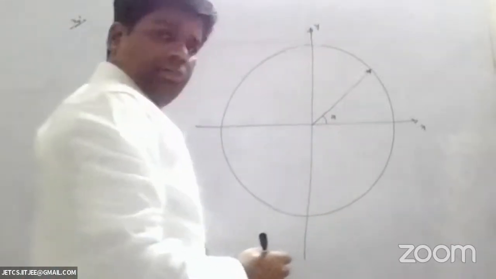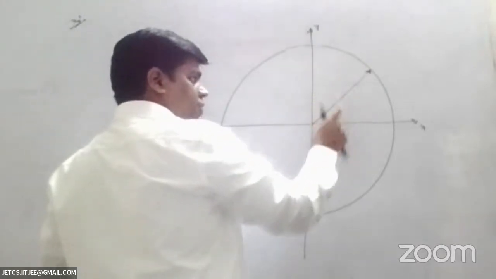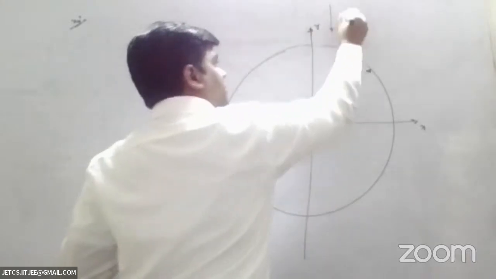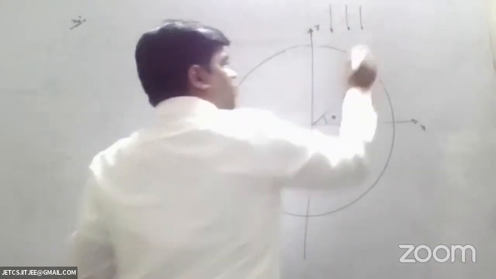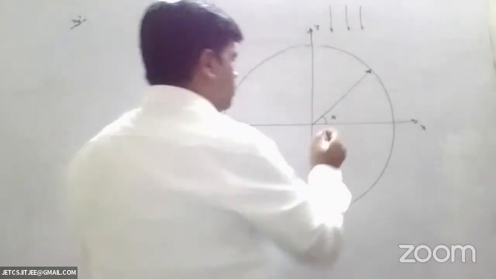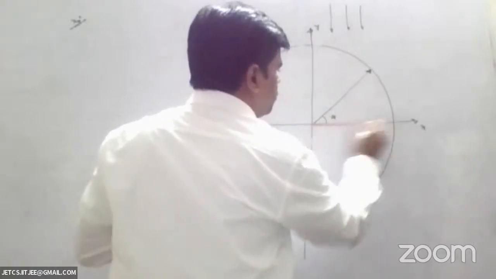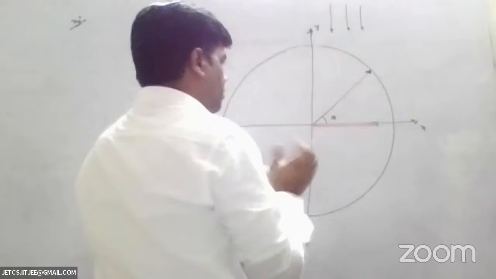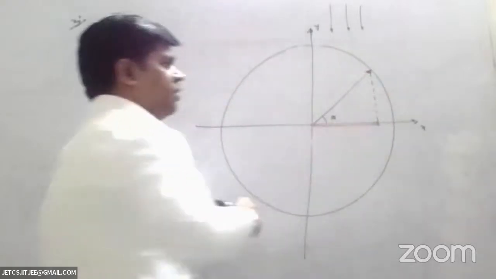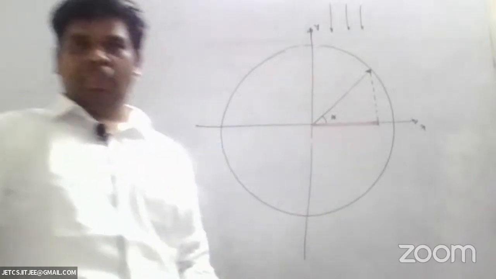The component of this radius on the x-axis, how do I get it? I shine light along the vertical direction, so I get a shadow like this, and this is defined as cos of alpha.